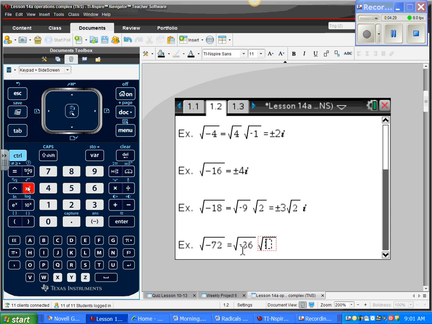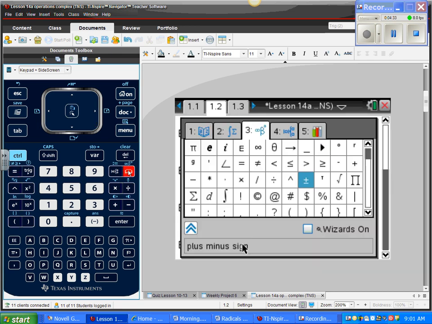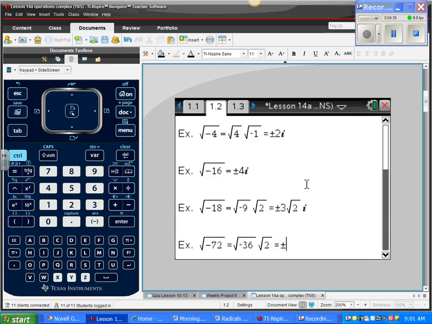Good. Square root of negative 36, square root of 2. So what do we get? Plus and minus 6 radical 2, i. Awesome. How many people got it right? Very nice. Any problems, questions, concerns?